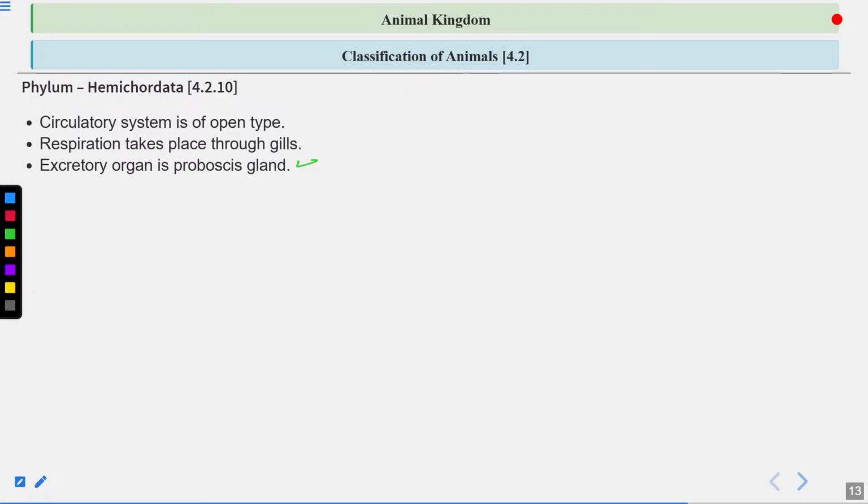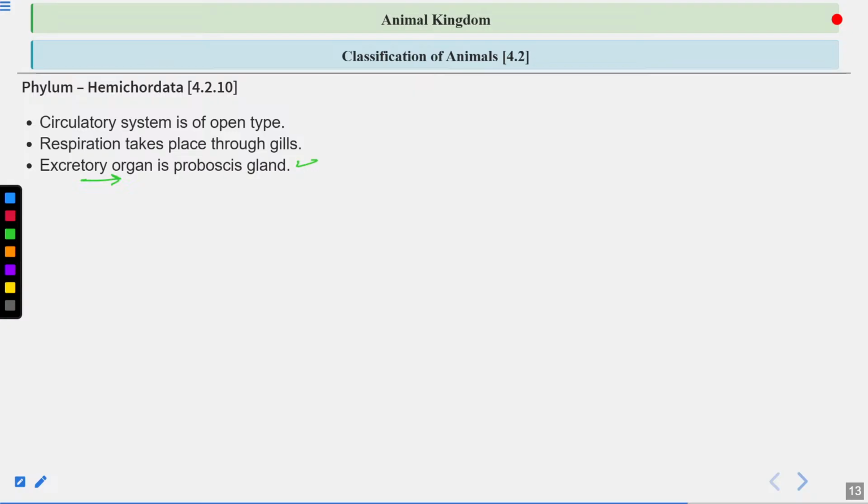Excretion happens through the proboscis gland. The proboscis gland is the primary excretory organ in the hemichordates. Remember this. It is responsible for removing waste products, nitrogenous waste and toxins, and also helps to maintain the internal environment.